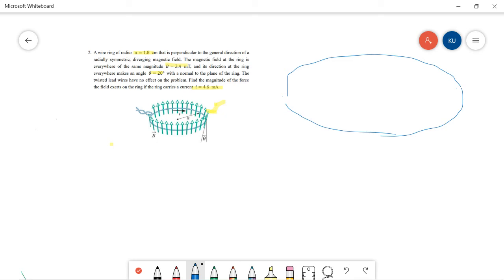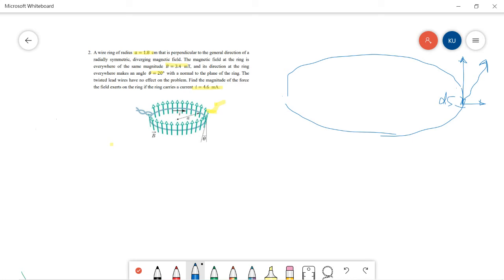We consider this small part, we call it ds, and the B field is pointing like this. So it should have two components. One is perpendicular to this ring, and one is actually in this plane.